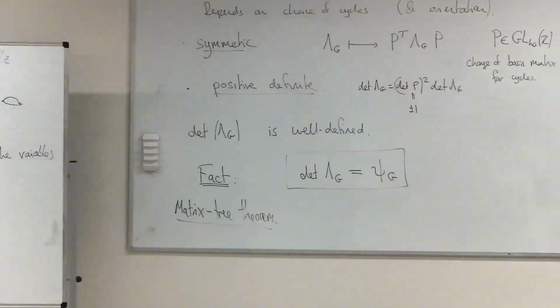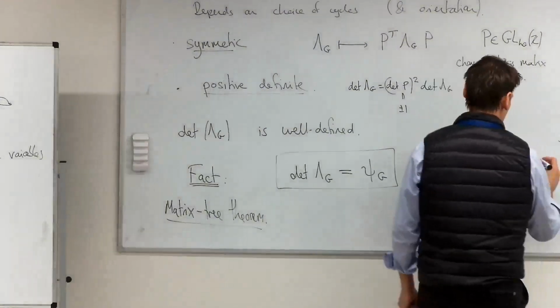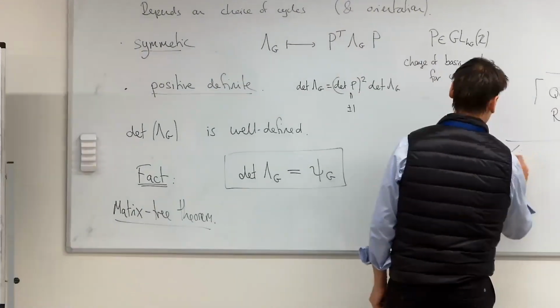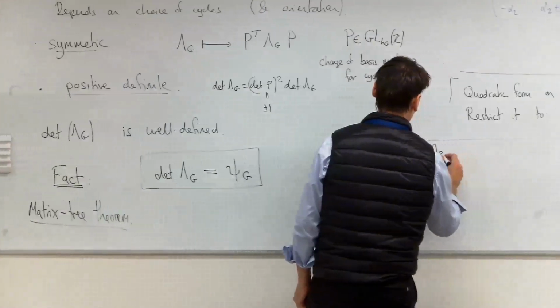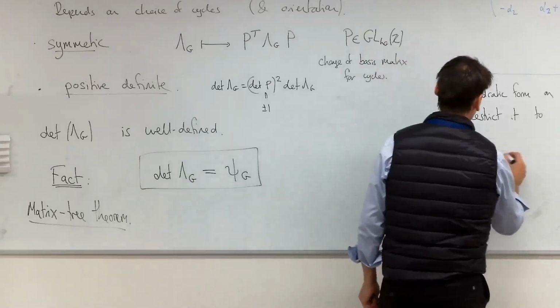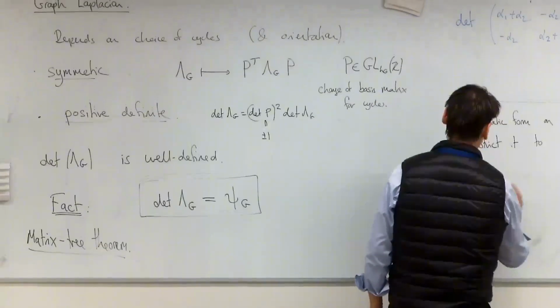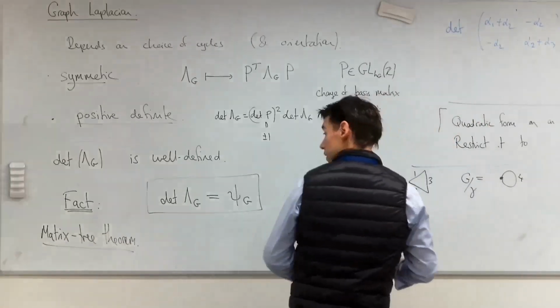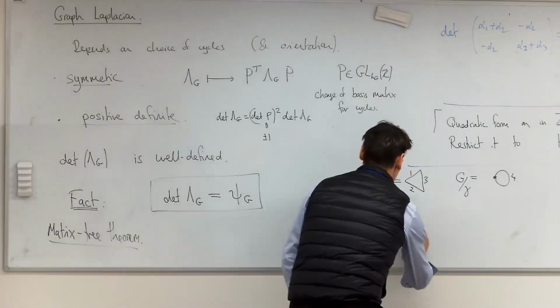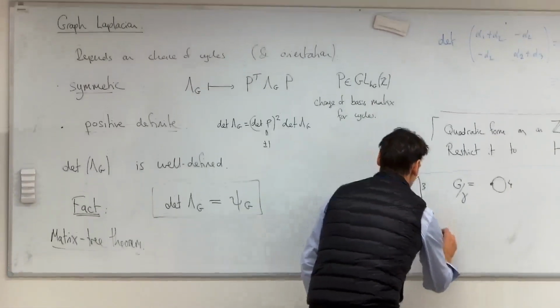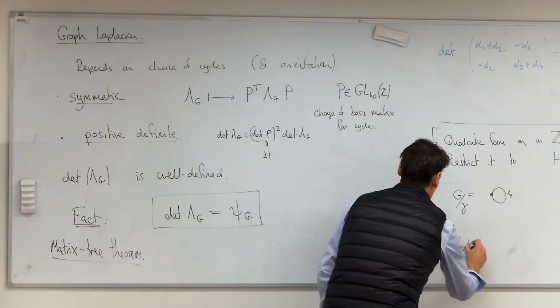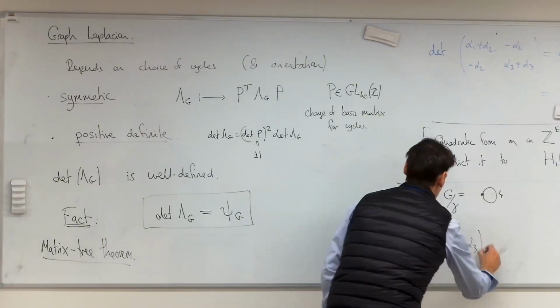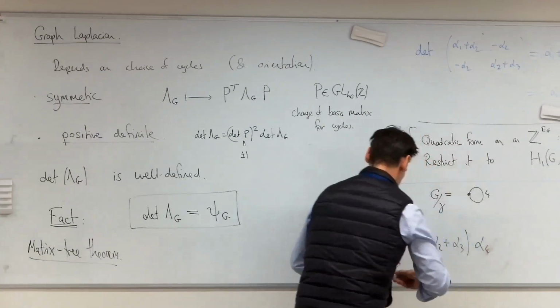Let's do the same example, but now let's take gamma equals 1, 2, 3, and so now G mod gamma is just a tadpole, and so now we find that psi G equals alpha 1 plus alpha 2 plus alpha 3 times alpha 4.